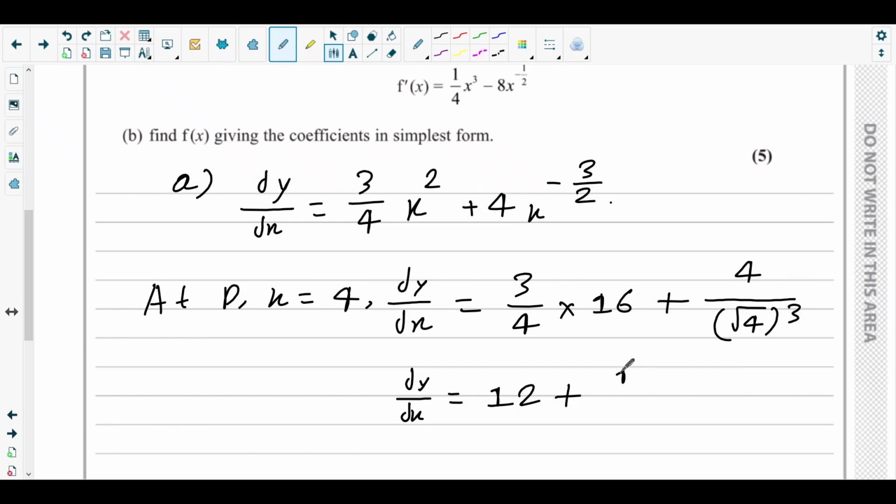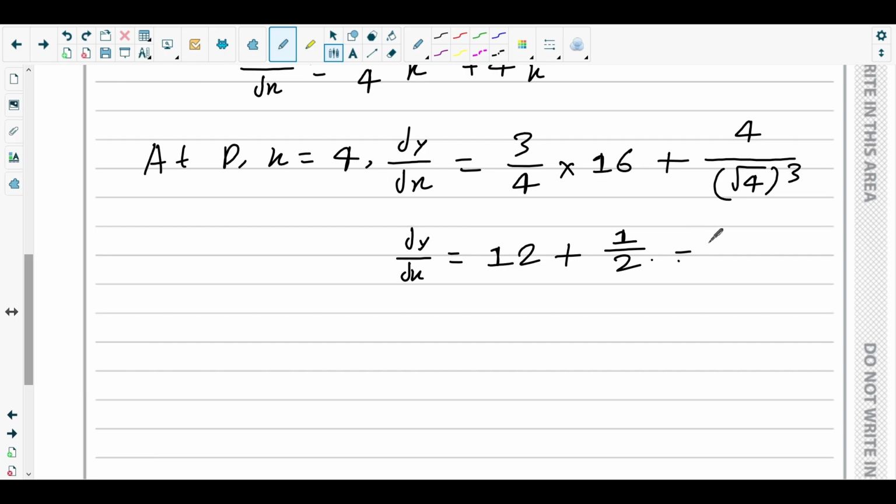So 4 over 8 is half. The gradient we get is 25 over 2. So the gradient of the tangent is 25 over 2.